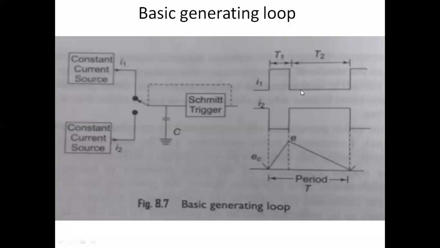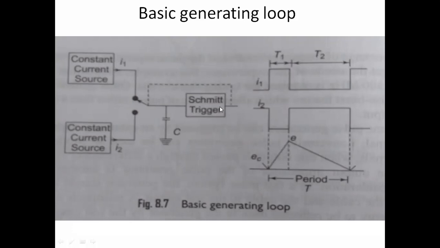These are the waveforms of the currents, the current sources I1 and I2, and this is the output of the Schmitt trigger. It has a triangular waveform-like shape.